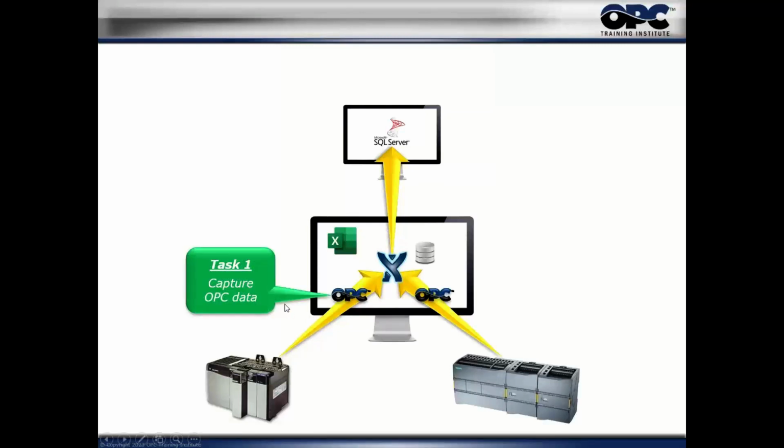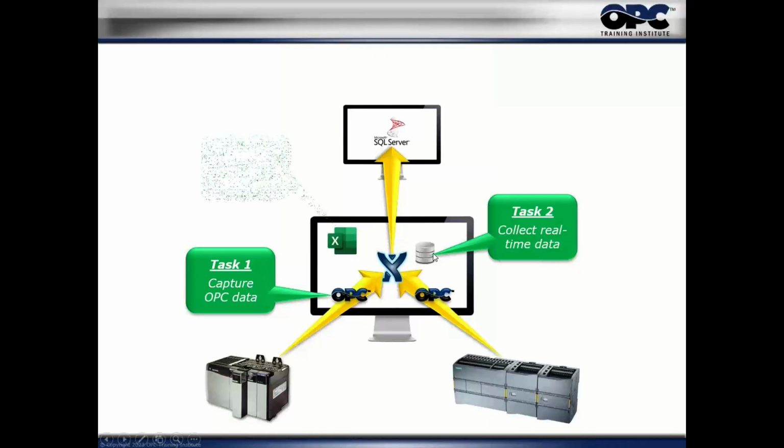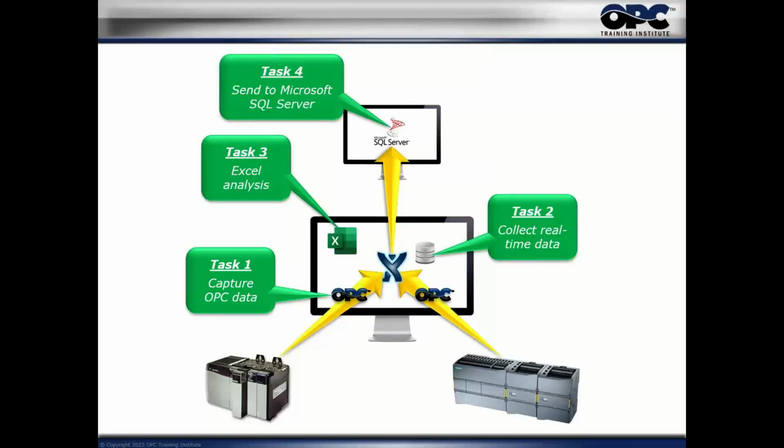So first thing we're going to do is capture the real-time data. Then we'll store it locally. I'll just show you a little bit of analysis with Excel, very popular. And then we'll see how to send that data off to Microsoft SQL Server. Notice that this is on another PC.